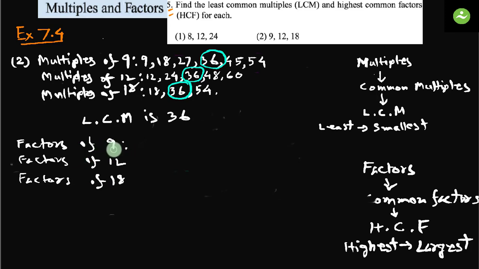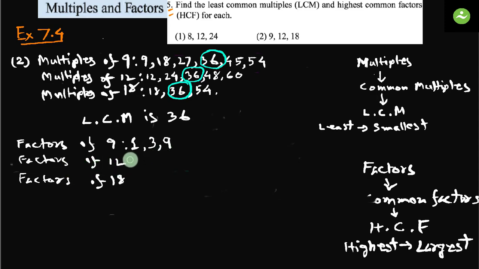Find the factors of 9. Divide 9 by 1. Yes, it is evenly divided, so 1 is a factor. 2 is not, because 2 doesn't divide 9 evenly. 3 is a factor. 4 not. 5 not. 6 not. 7 not. 8 not. 9 yes. 9 is a factor.